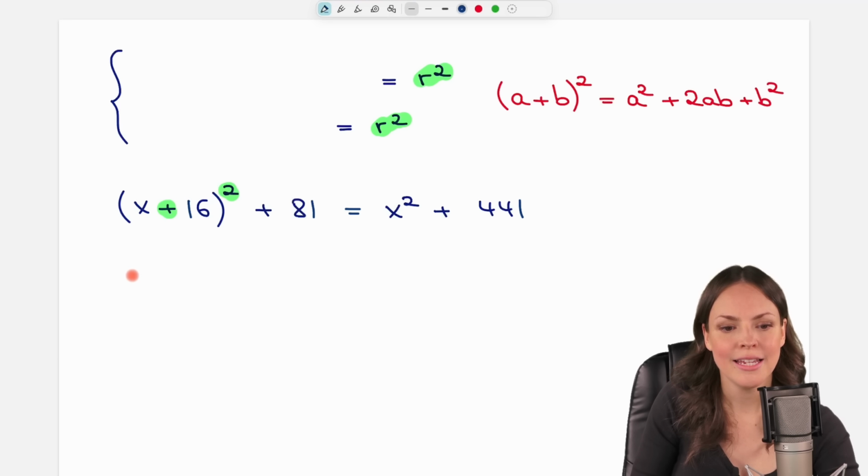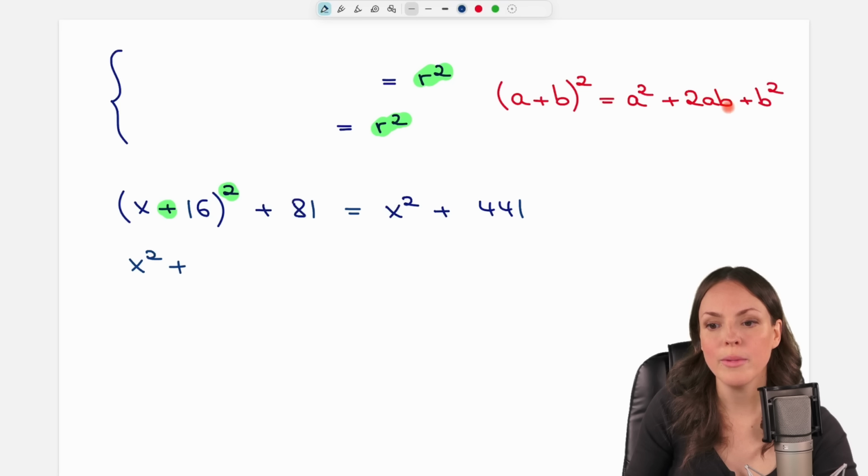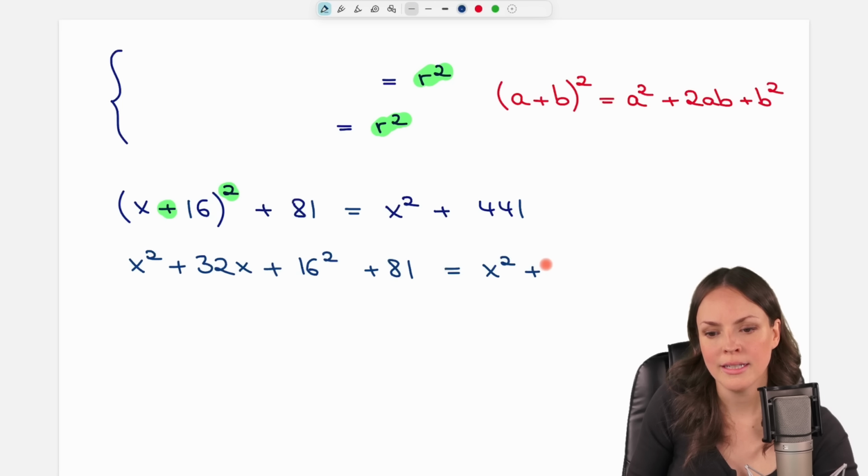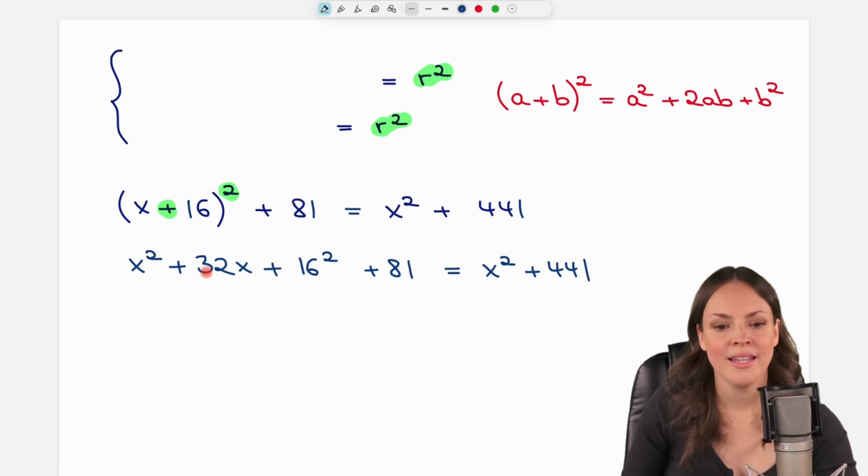So the x is going to be squared plus 2ab. So 2 times x times 16 equals 32x plus b squared, so 16 squared in our case. Then we have the plus 81, and on the other side, well, we cannot do anything there yet. We just leave it as it is.